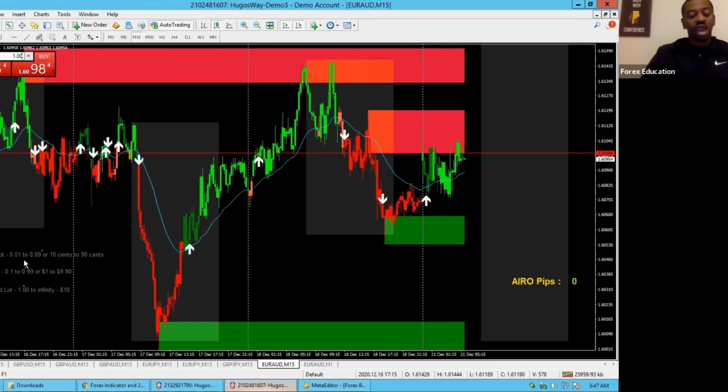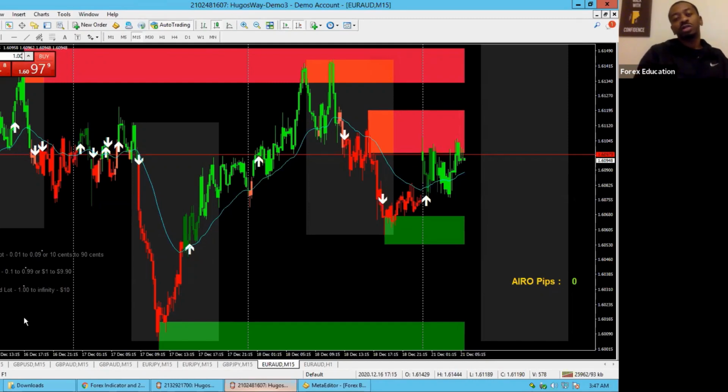I recommend for every $100 you have in your account to use a 0.01 lot size. So if you have $1,000, you should use a mini lot, 0.1, because that's 0.01 times 10. You have 10 $100 bills. If you're using a $10,000 account, you should be using a standard lot, 1.00.